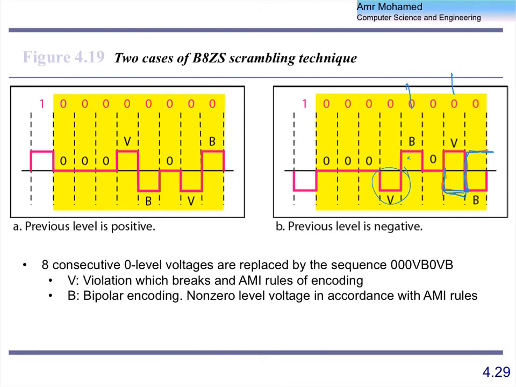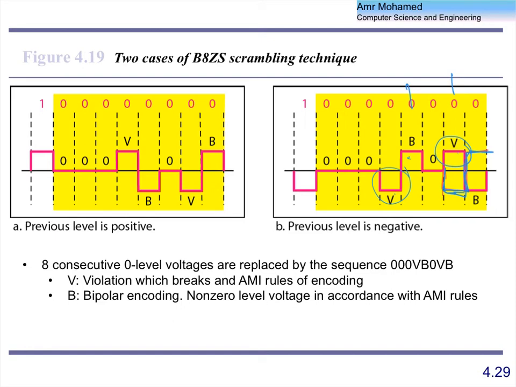But if it finds this combination, this is violate and this is violate, okay? So this will enhance the detection at the receiver. And because it knows that it has to map each 8 zeros into this signal combination, it can detect this with high probability. But if I do only one violate, then it might be any error. So the mapping using the scrambling has to contain this violate. It's done on purpose.